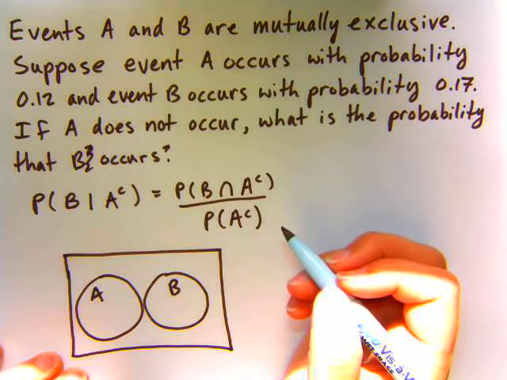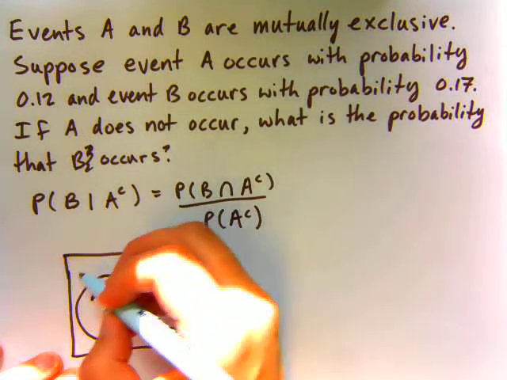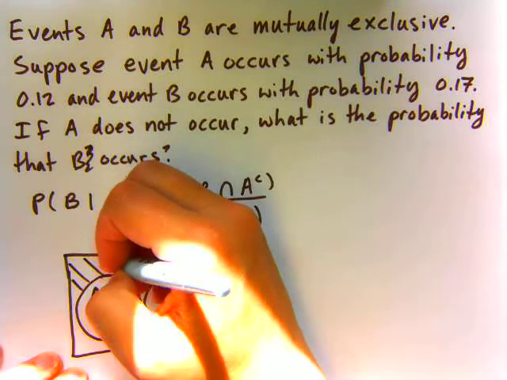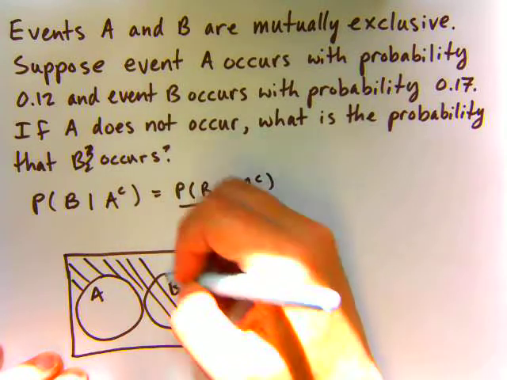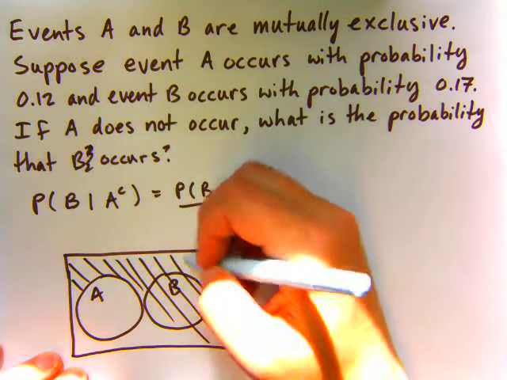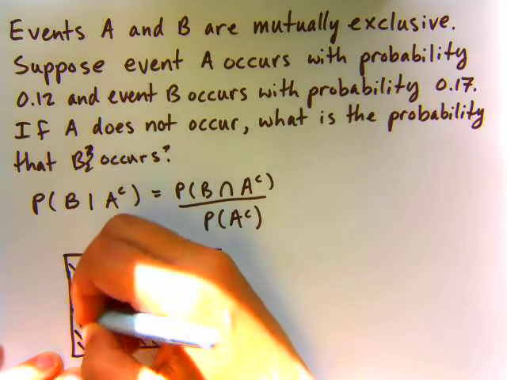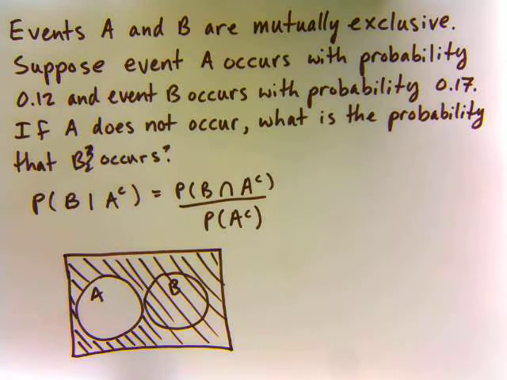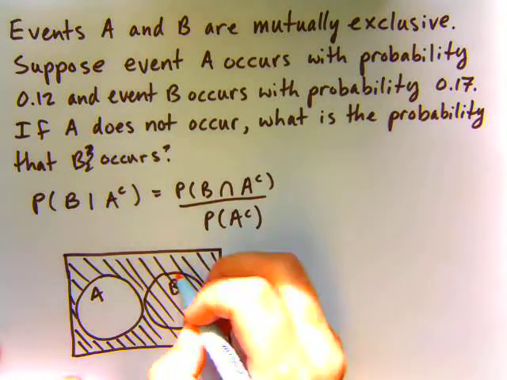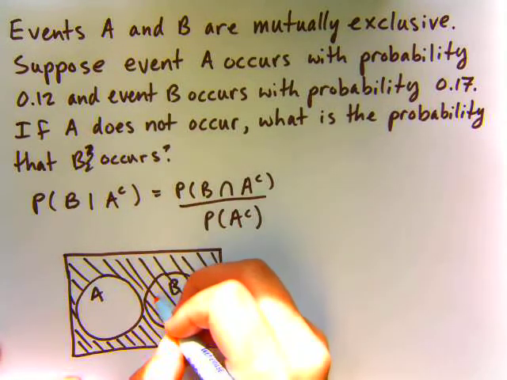So again, I'm looking at everything outside of A, and then here the probability of B going this way.